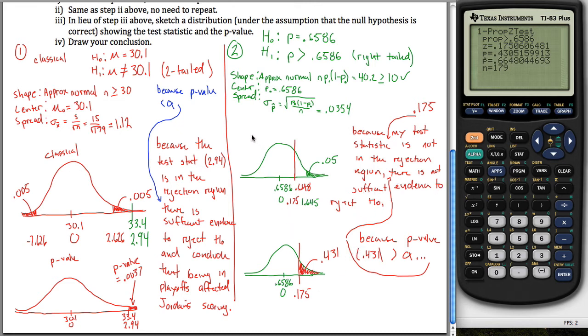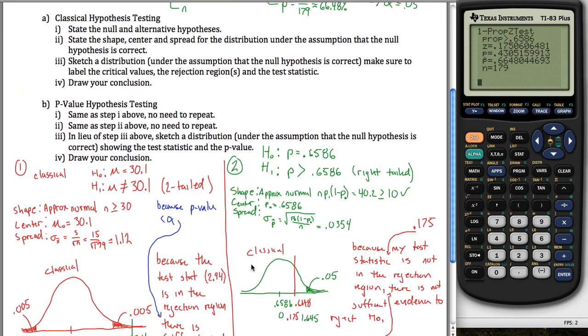We have the pictures. Here's the classical picture, and here's the p-value picture, and there's my two conclusions over there. And that brings me to the end of this problem, the end of the proportion hypothesis testing.